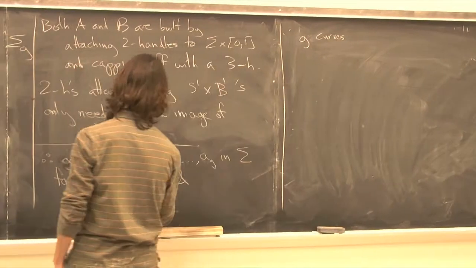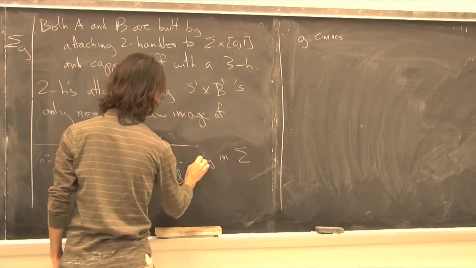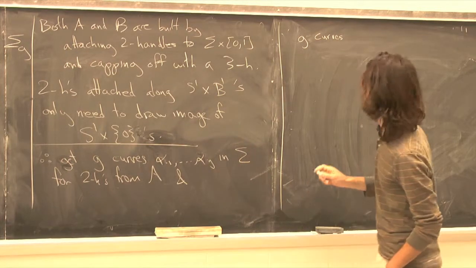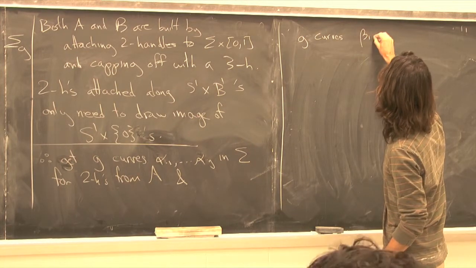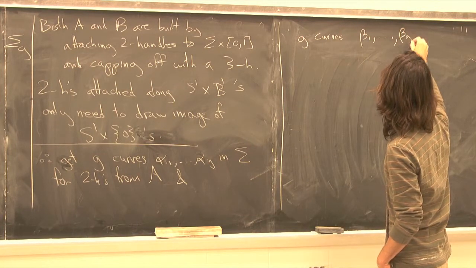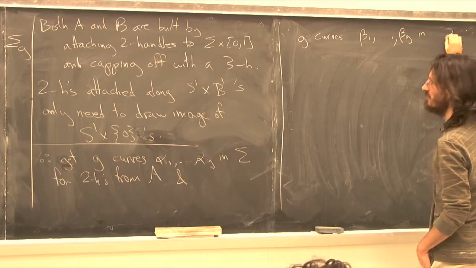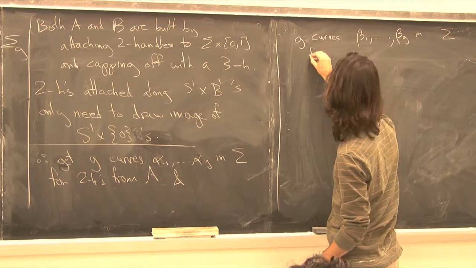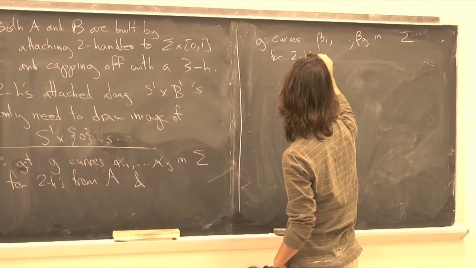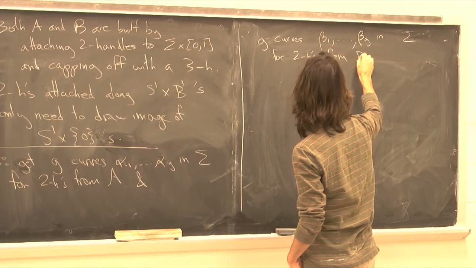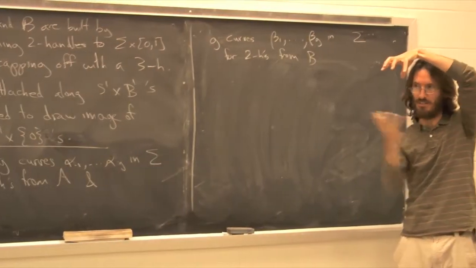I think that's standard, the standard in the literature is called alpha curves, beta curves: alpha 1 up to alpha G, beta 1 up to beta G. And it's also in sigma for the two handles from B.